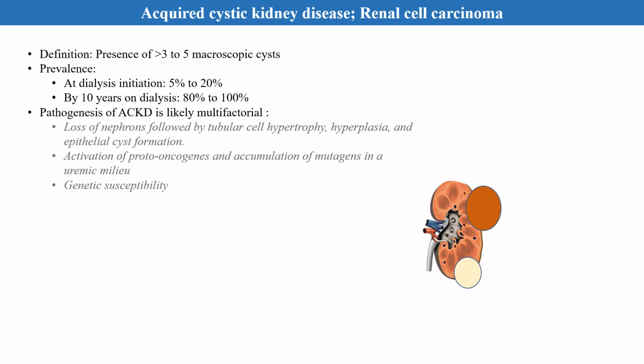The pathogenesis of ACKD is likely multifactorial, but likely related to dysregulated proliferative changes associated with the loss of nephrons and genetic susceptibility. The key concern regarding ACKD in patients with CKD is the potential for malignant transformation to renal cell carcinoma.